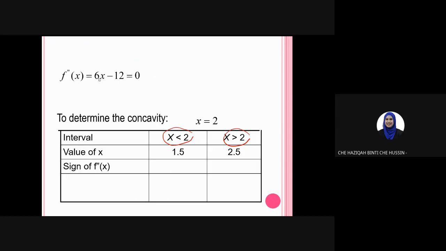Okay, substitute here. So 6 times 1.5 minus 12, it will get negative value. And then 6 times 2.5 minus 12, we will get positive value.